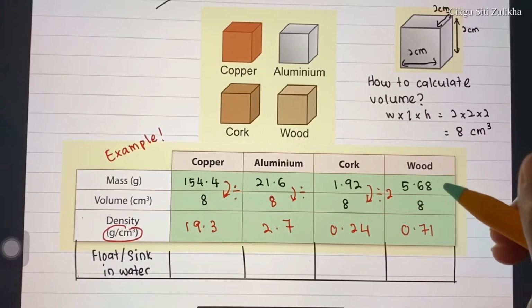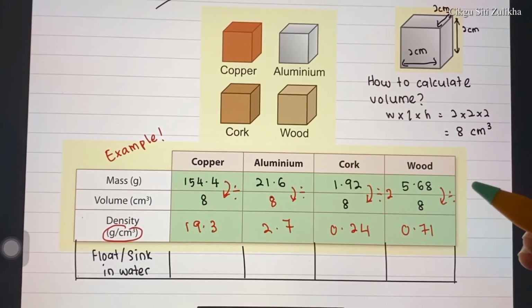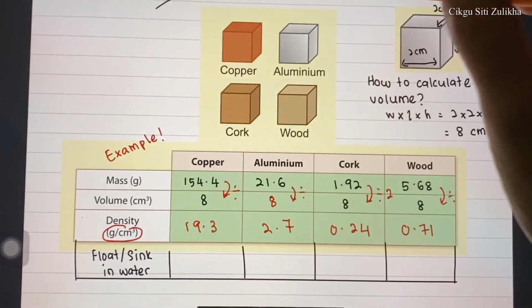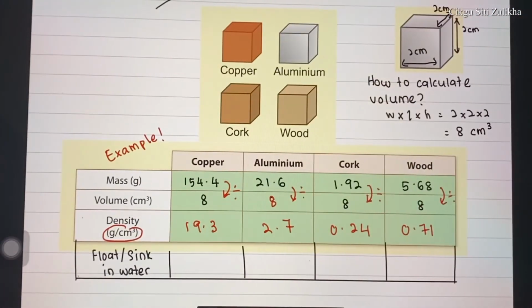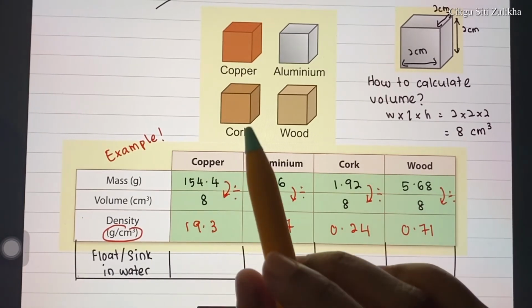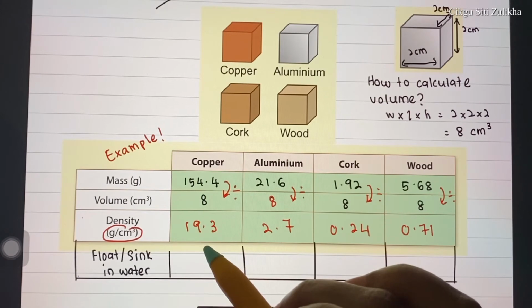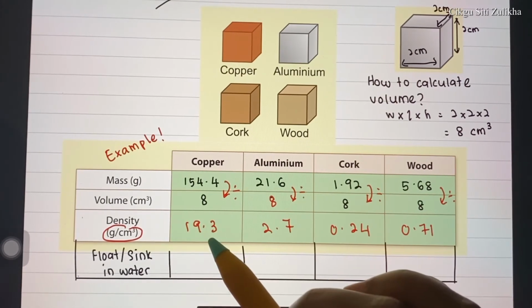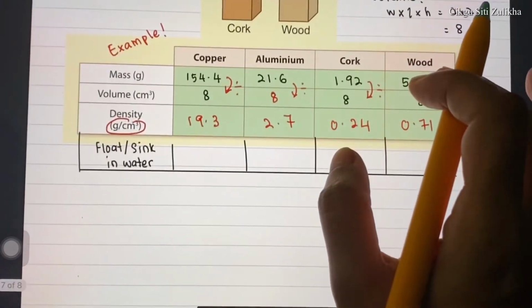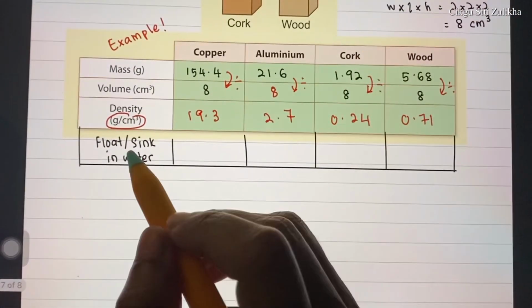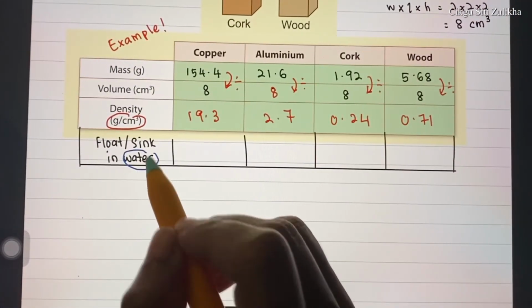Okay. So now, kita dah dapat. Bila kita dah dapat, kita tengok dahululah. Adakah kita punya objek akan sink or float dalam water? Macam mana nak tengok? Tips dia, you always remember that kalau water, density water berapa?